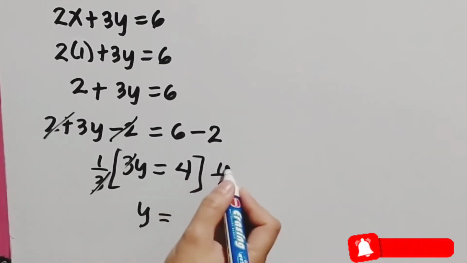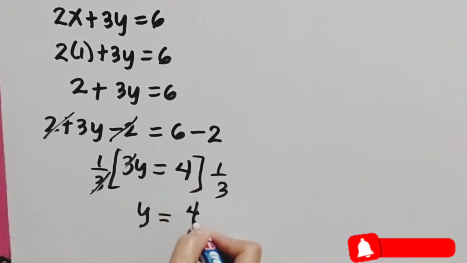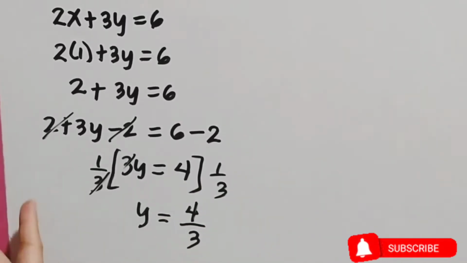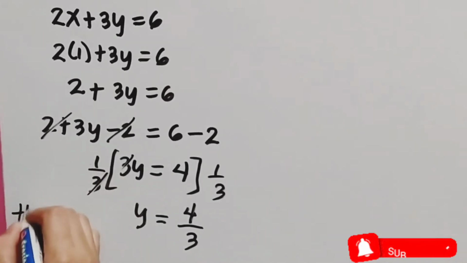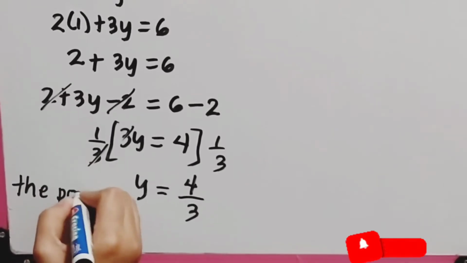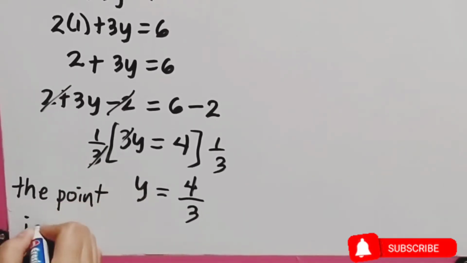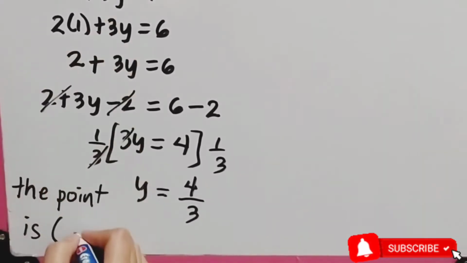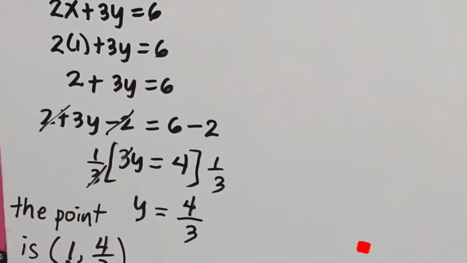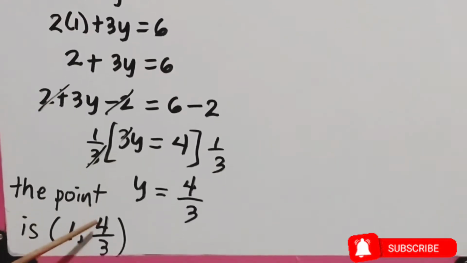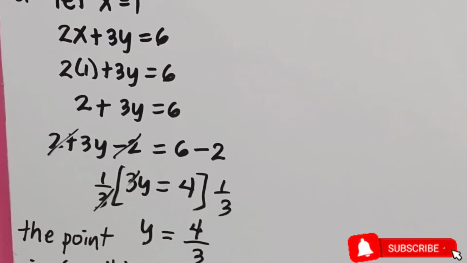Sa kanan, 4 times 1/3 is 4 over 3. So, the point is x is 1. If x is 1, y is 4/3.